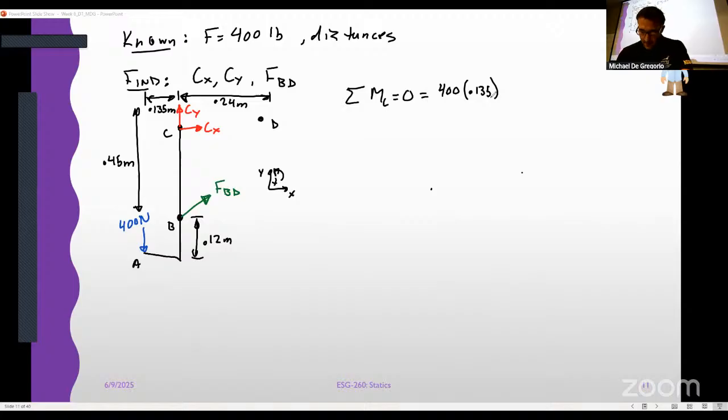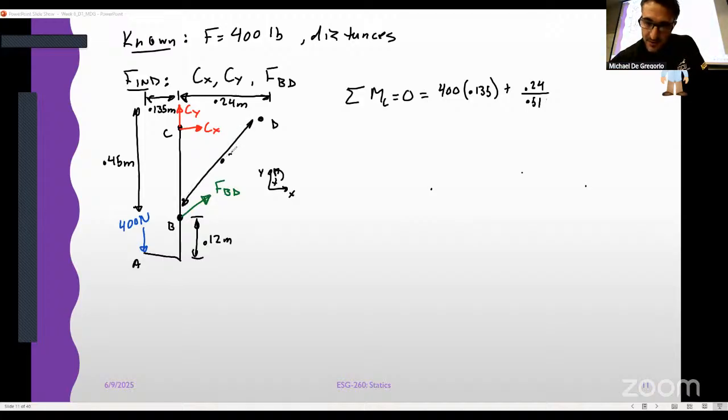I also have the component from FBD, and the way that I have drawn FBD, this is going to be pushing to the right in my drawing, right? Which would also be a positive moment. So what's my component though? Well, I need the x component of this, because the y component passes through point C. So if I want the x component, that's 0.24 over the hypotenuse of that, which is 0.51, which actually, if we go back and look, is given this distance from here to here.